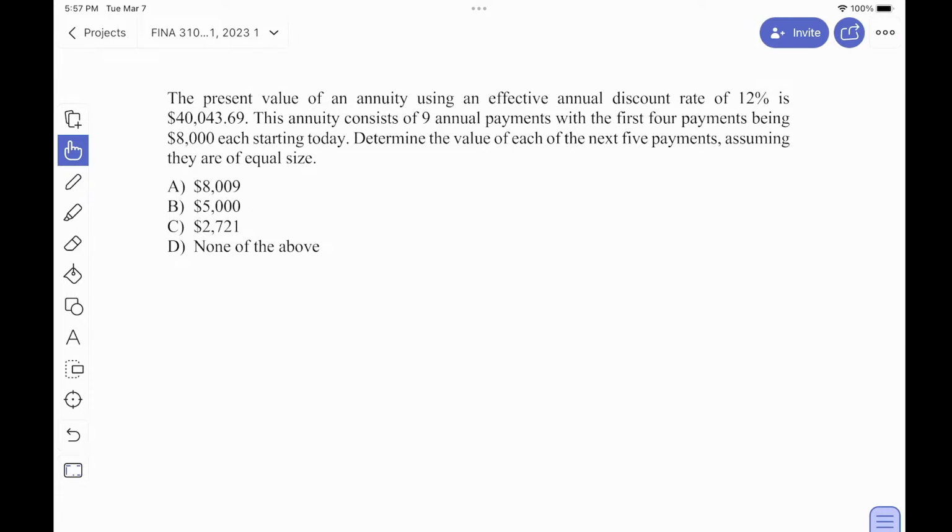These problems are forcing you to use the financial calculator and the financial keys, and they are also preventing you from using any kind of artificial intelligence to solve. I checked all these questions in ChatGPT. They can't solve them. Doesn't mean that they're super hard. It just means that it's not straightforward.